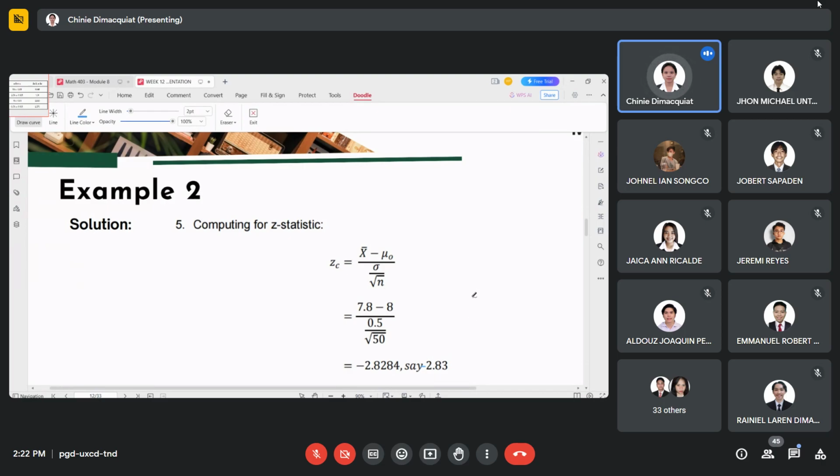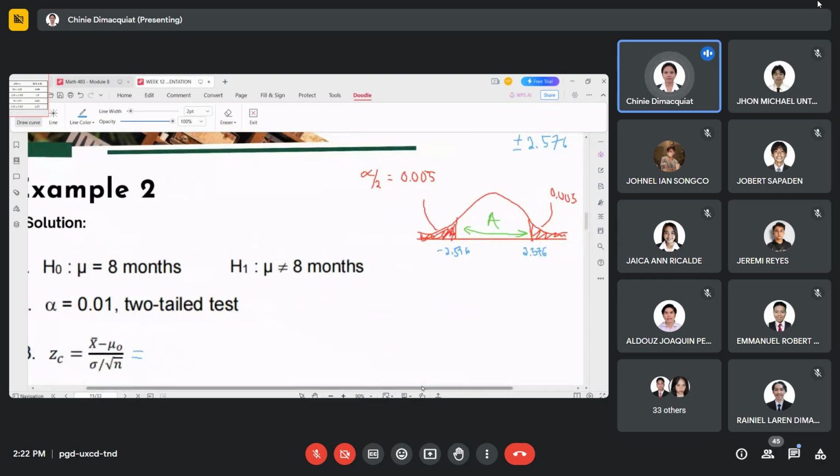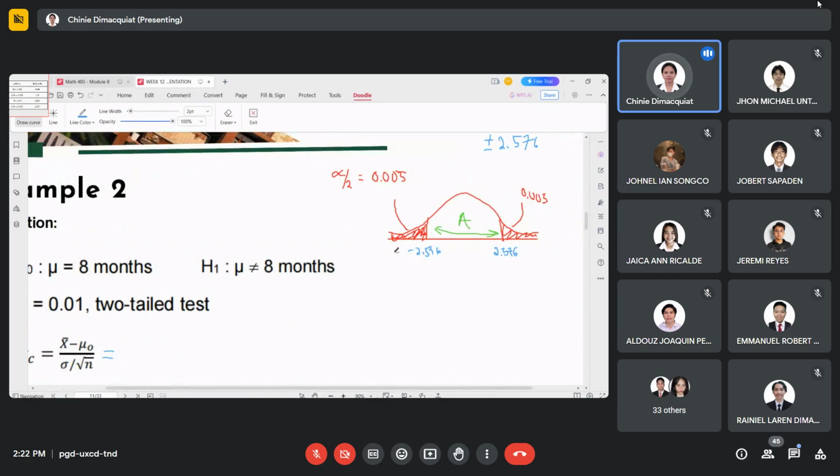So, balikan natin yung ating illustration. Nasaan ba si negative 2.83? Negative 2.83, dito.